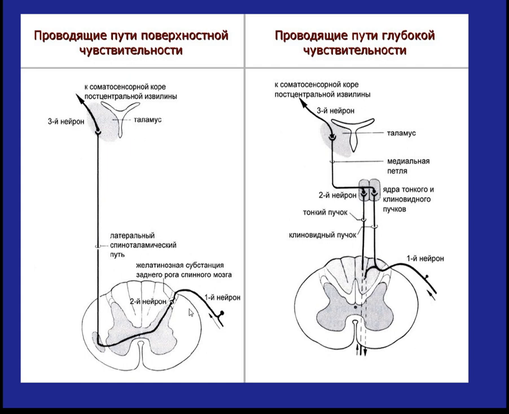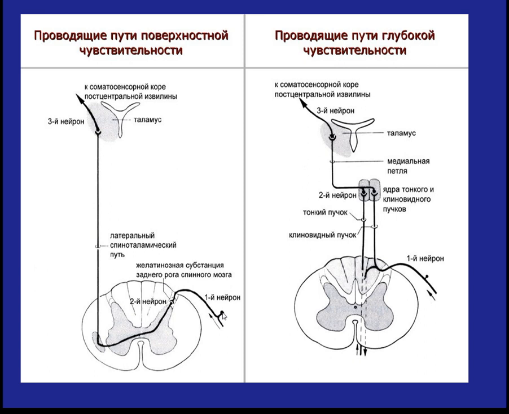So, this is spinothalamic tract of the superficial sensation. Our dendrites receive information from receptors from the skin, for example, when we touch the skin, and pass information to the first order neurons.